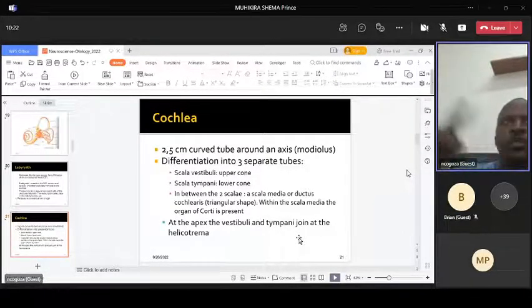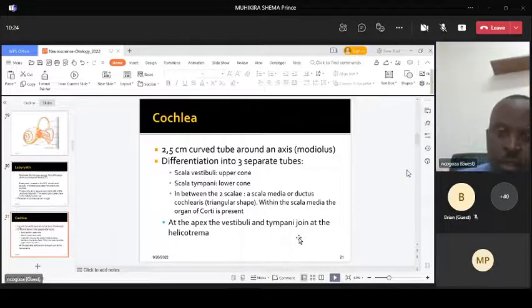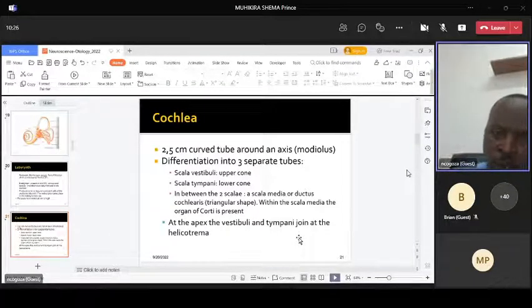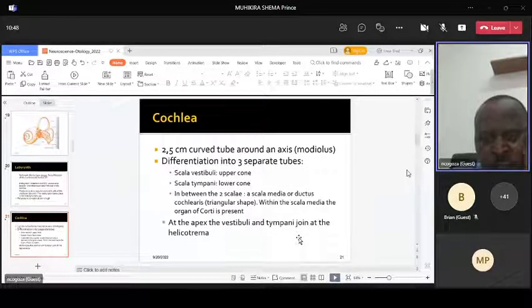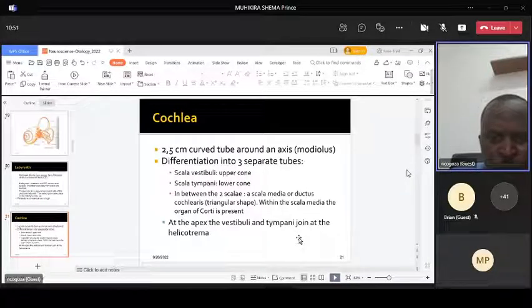Those shell turns around an axis called the modiolus. It has 3 chambers. The chambers include the scala vestibuli, and the scala tympani. And in between the scala vestibuli and scala tympani, there is what we call the scala media.